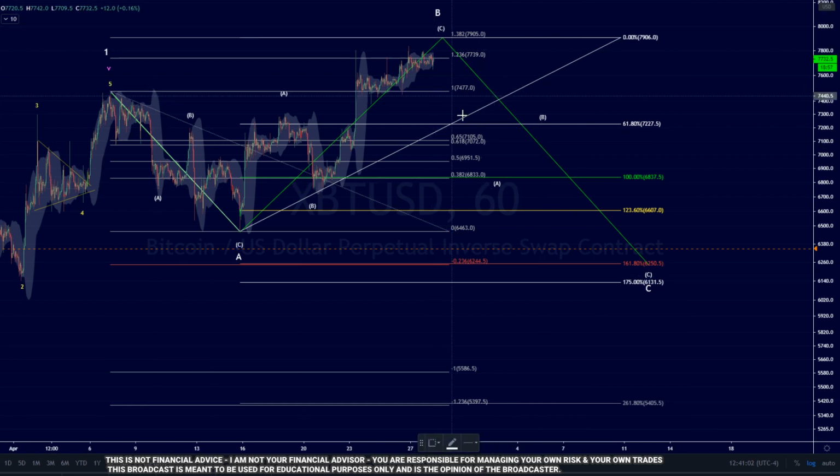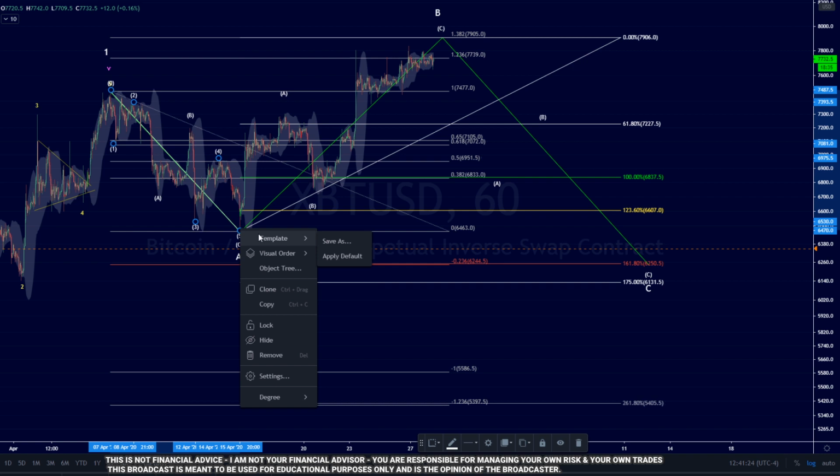Because if we don't do an A, B, C into the C, right? Because we said that this up here could potentially be a 1, 2, 3, 4, 5 into the A. So if we have a 5-wave structure down, and this would be measured like 1, 2, 3, 4, 5.